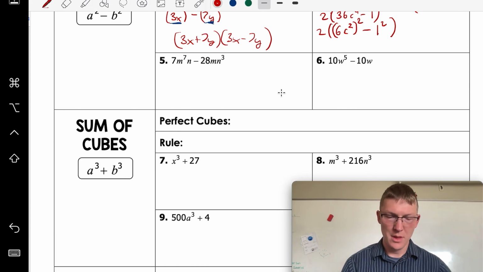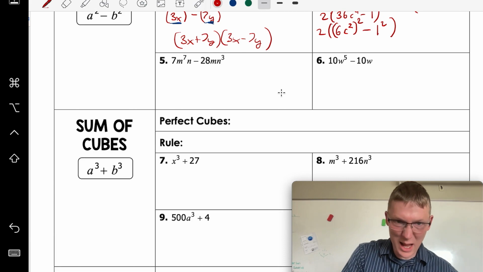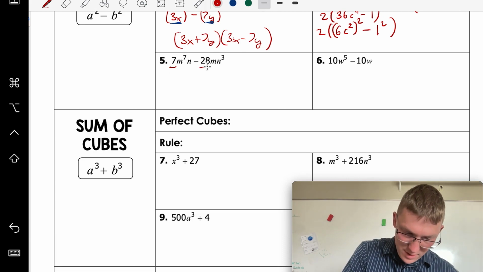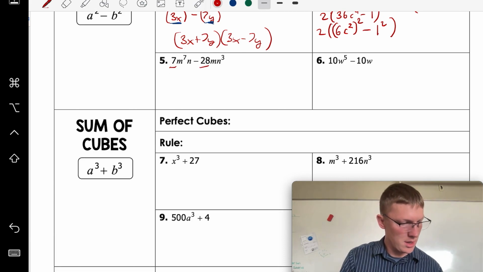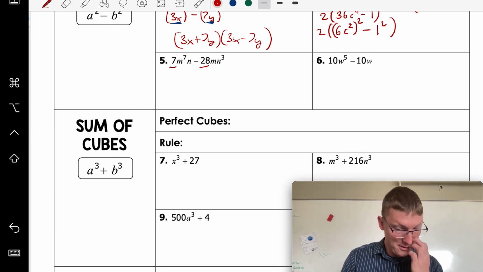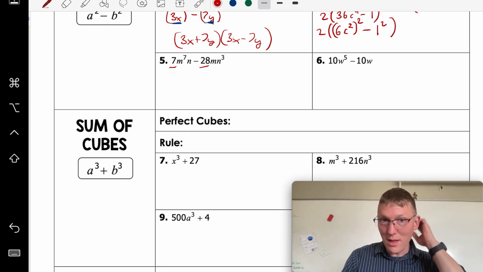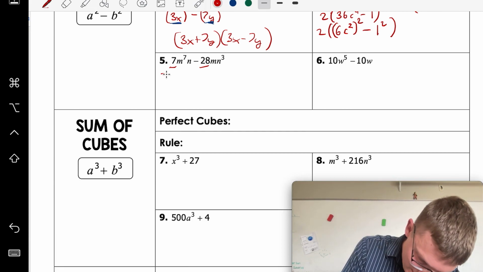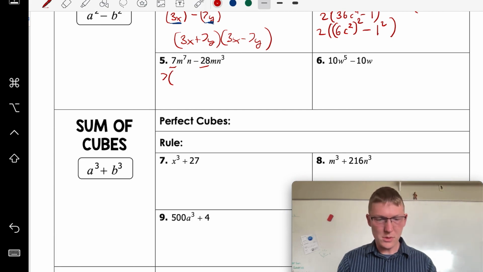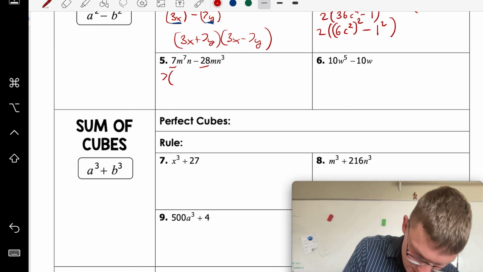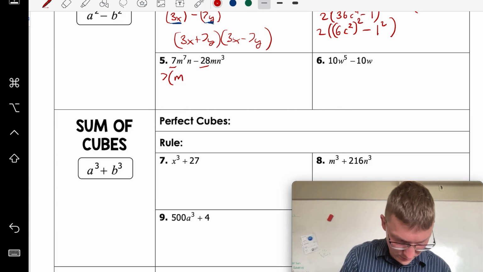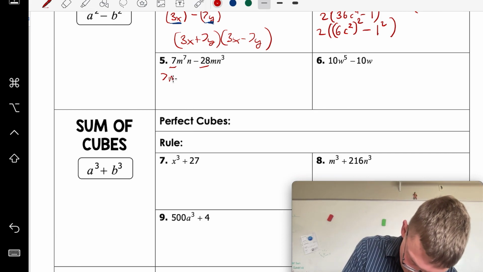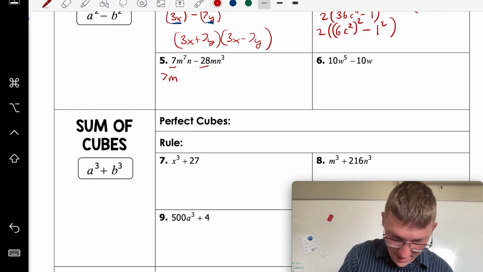When we look at number 5, again, step 1 of factoring, no matter what, is pull out the greatest common factor. And here we are going to have a 7 and a 28. 28 divided by 7 is 4, so that's going to make our lives a lot easier when we do difference of squares. So we're going to pull a 7 out. Looks like they both have an m, and looks like they both have one n.